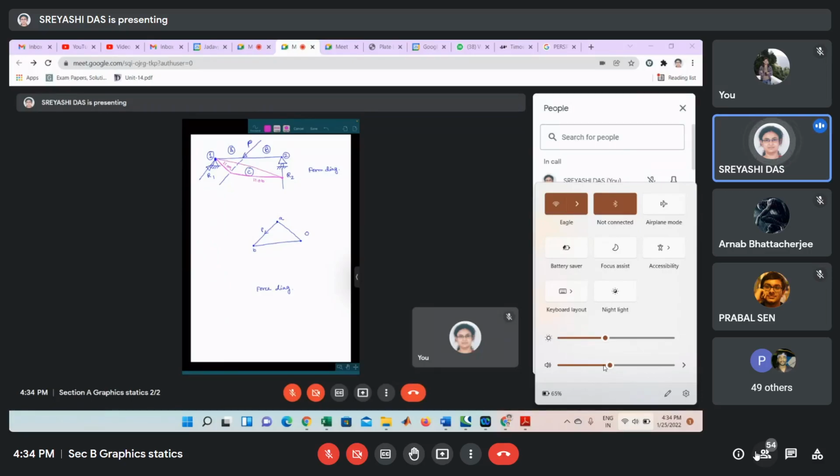Now from O, we will draw a line parallel to this closing line. So this line and this line, this is parallel. So now where will be the C point?